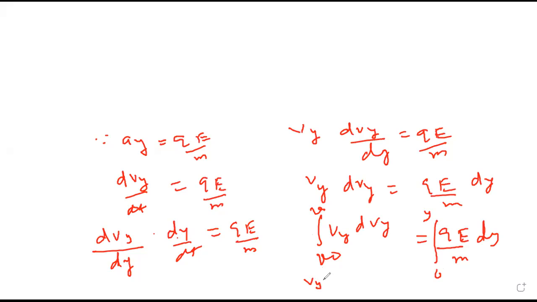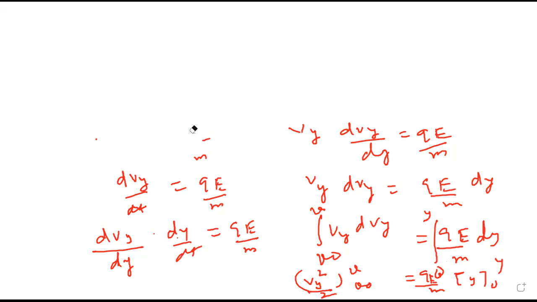This will become v squared by 2 from v naught to v. q, E, m are constant, the integral of dy is y from 0 to y. This is totally different sum. If you haven't done it once, you won't understand.